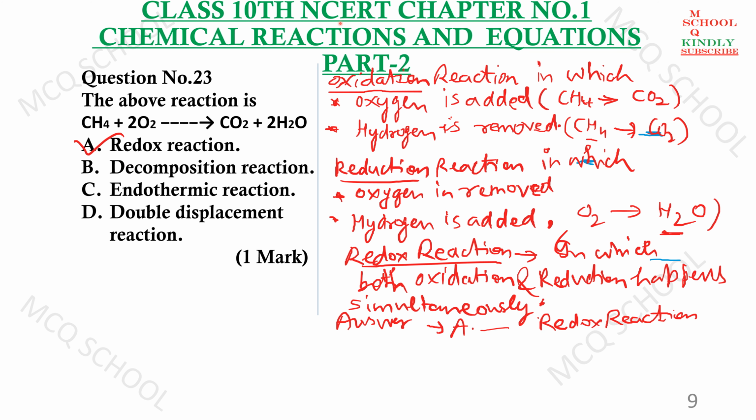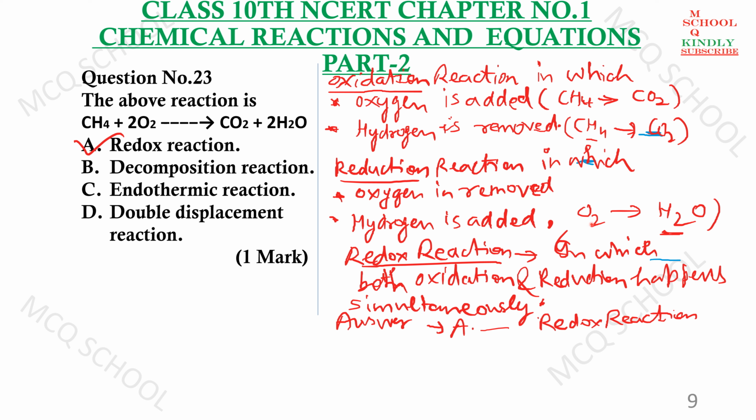Let us see. We know that oxidation reactions are those in which oxygen is added or hydrogen is removed, and reduction reactions are those in which oxygen is removed or hydrogen is added. In our case methane is converted to CO2, that means oxygen is added to the carbon, and hydrogen is also removed, so oxidation is there.